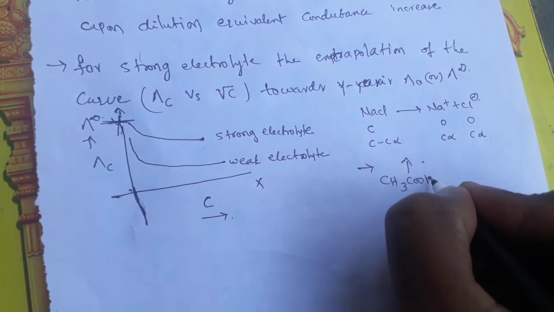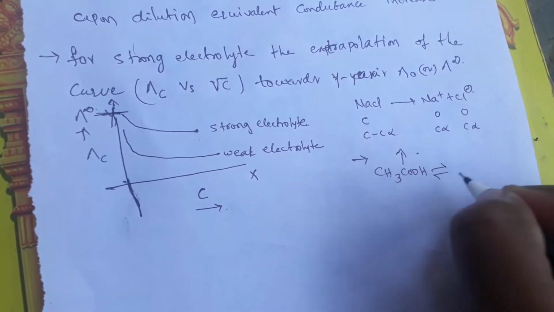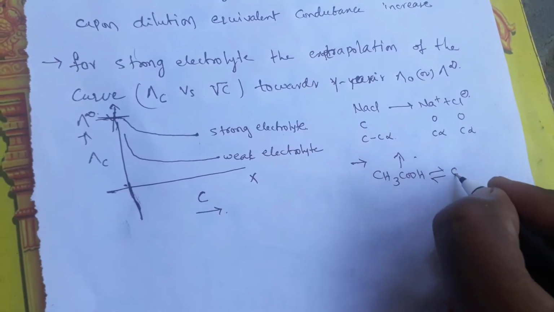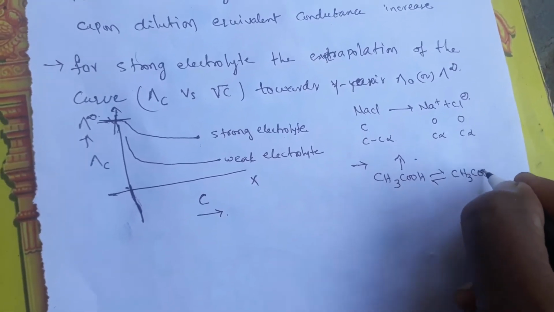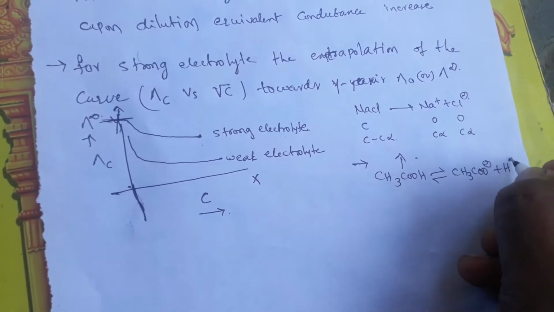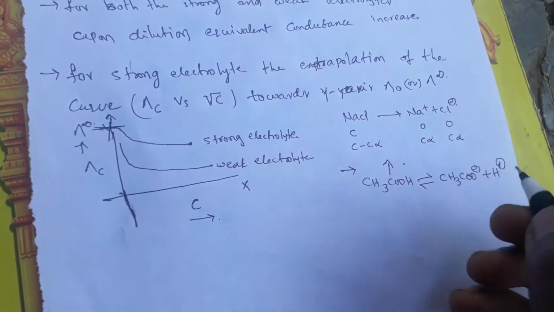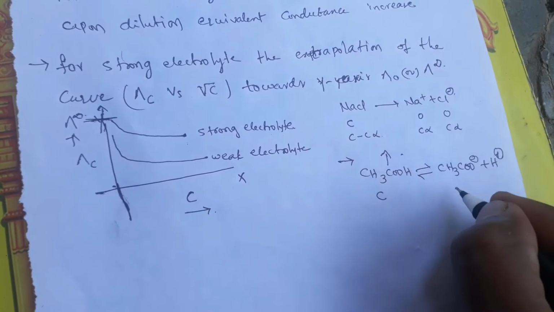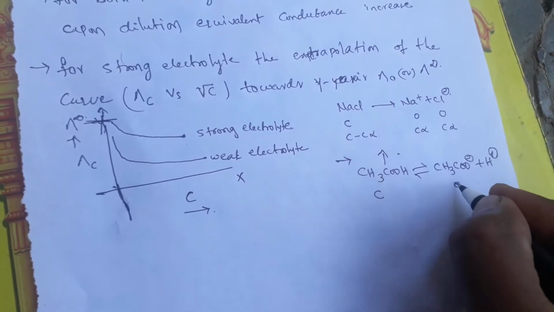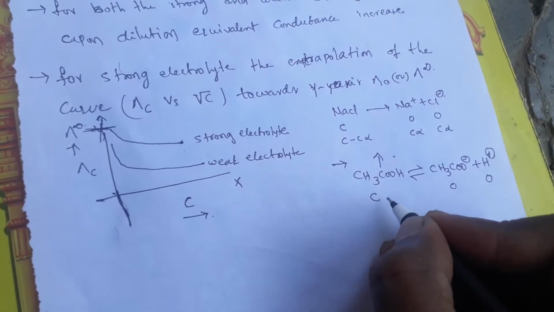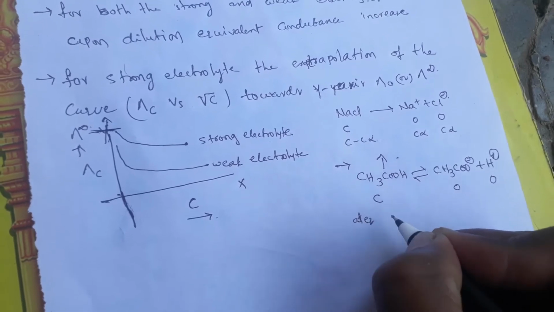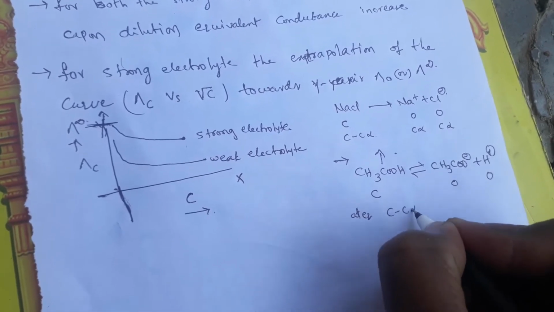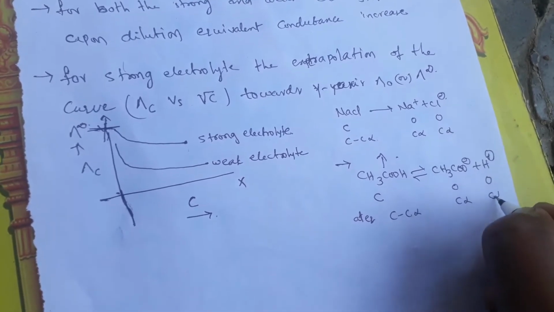An example of a weak electrolyte is CH3COOH. There is an equilibrium between CH3COO minus and H plus. Initially the concentration of CH3COOH is C, and the others are 0 and 0. At equilibrium it is C minus C alpha, with C alpha and C alpha.